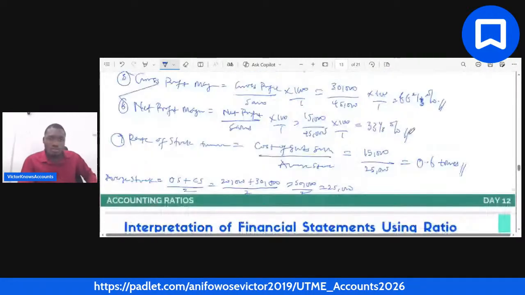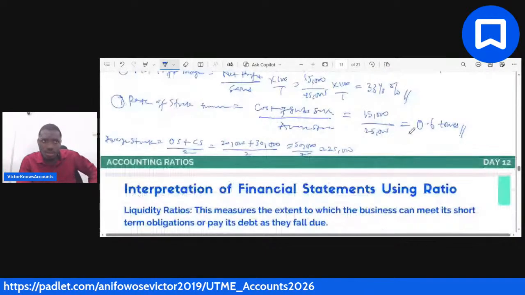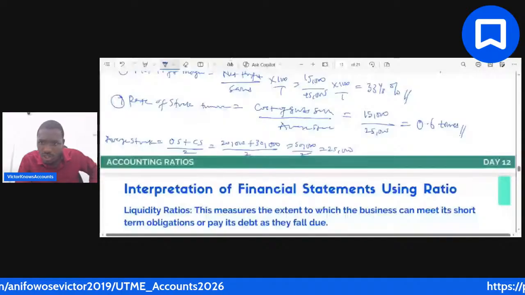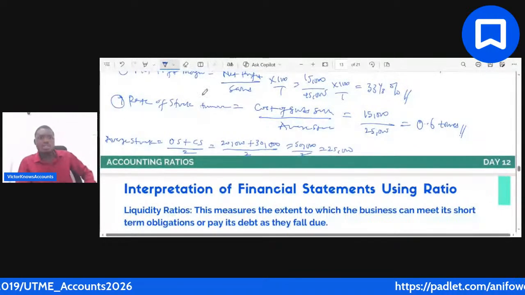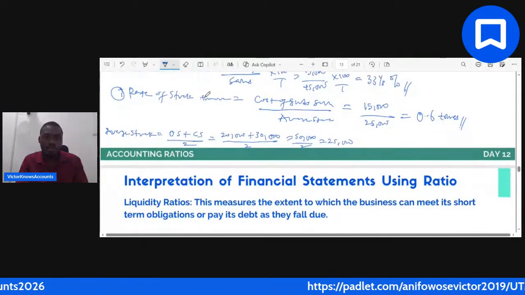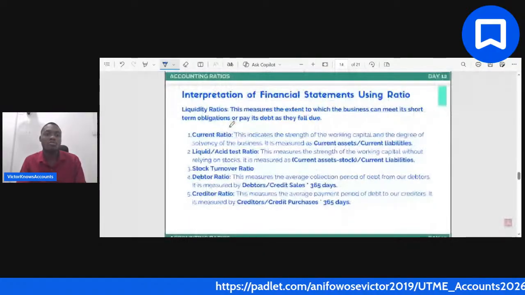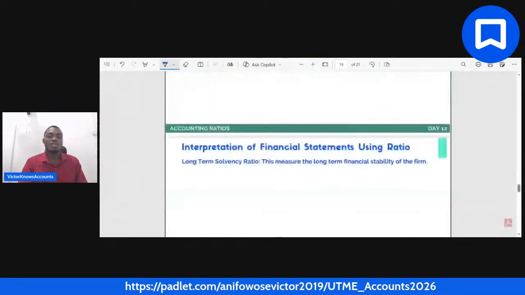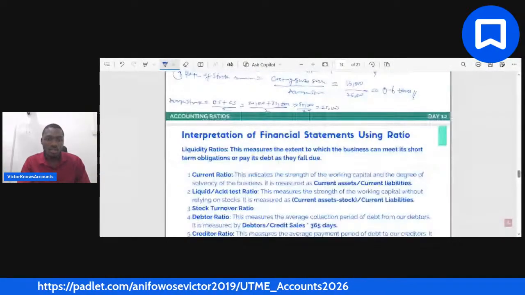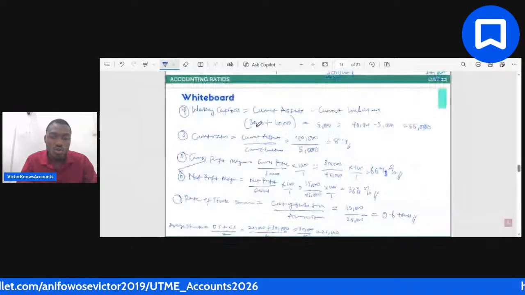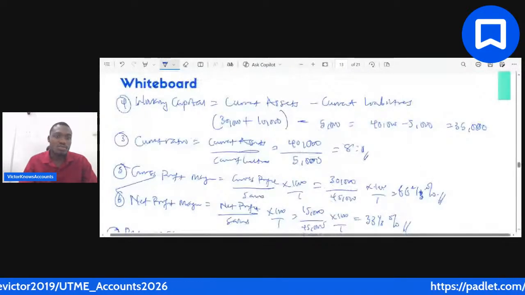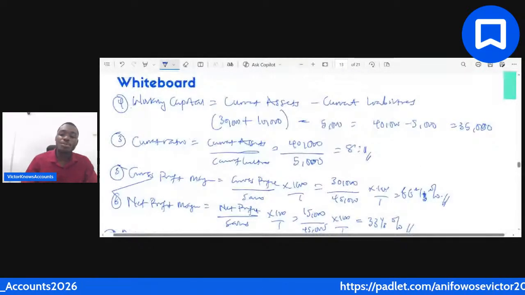All right, because of our time, I think we can stop here. Then in our next lecture, we'll complete this topic. We'll do liquidity ratios, investment ratio, and long-term solvency ratios. All right, so I'm going to drop some questions on this particular topic on the Padlet.